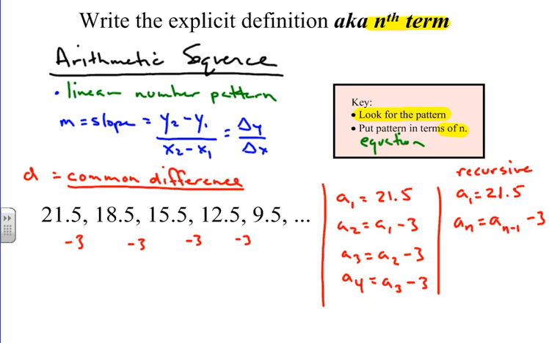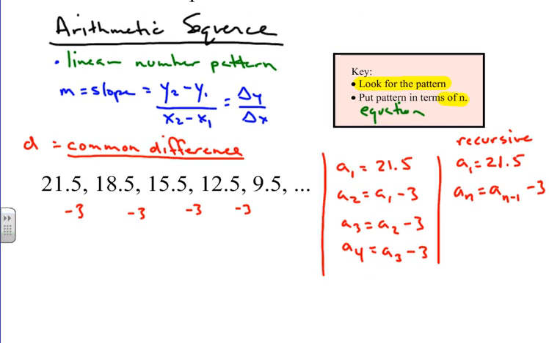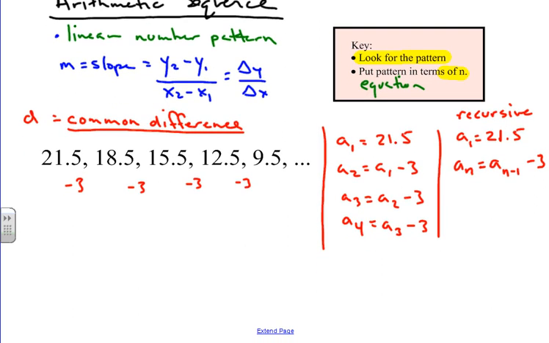Well, since we're subtracting 3, if you graph this out, you notice that it is going down at the same rate. If you have the same rate, a rate is a slope, and a slope is actually a common difference. And so what we actually have is an equation of a line.